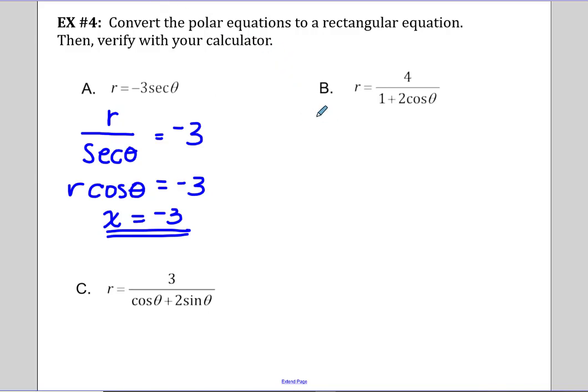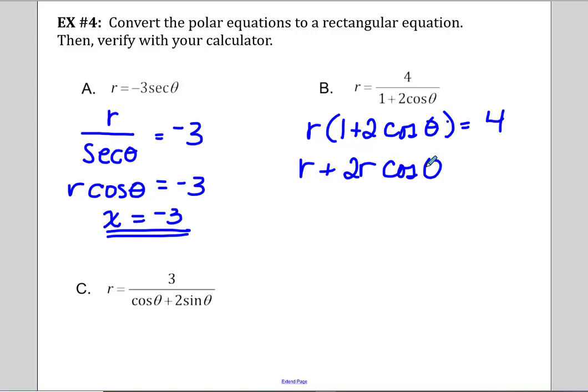In example B, I want to multiply the denominator by both sides to clear that fraction. So we're equal to 4, and then distributing, r plus 2r cosine theta is equal to 4. And r cosine theta is equal to x. So we have r plus 2x if I substitute there.